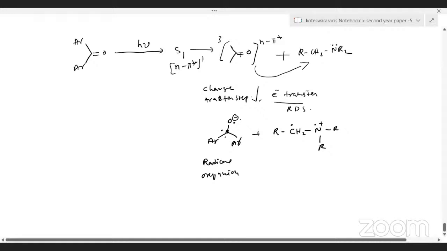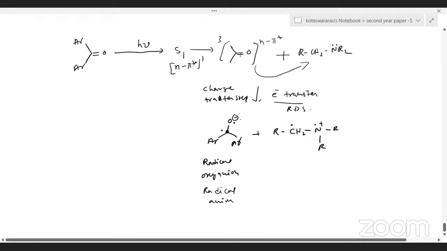This is known as a radical oxyanion, or radical anion. Coming to the second one, once it reaches the activation state, the highest energy, this electron is transferred to the ketone. Now it gets the positive charge.